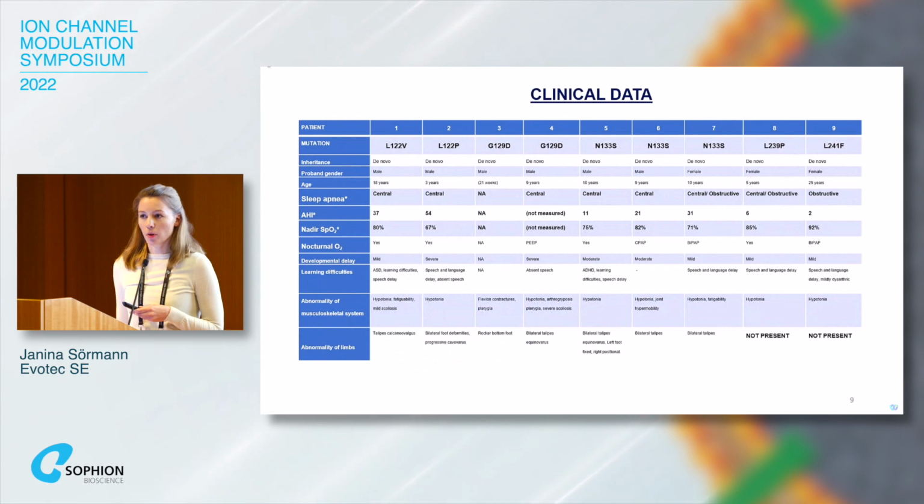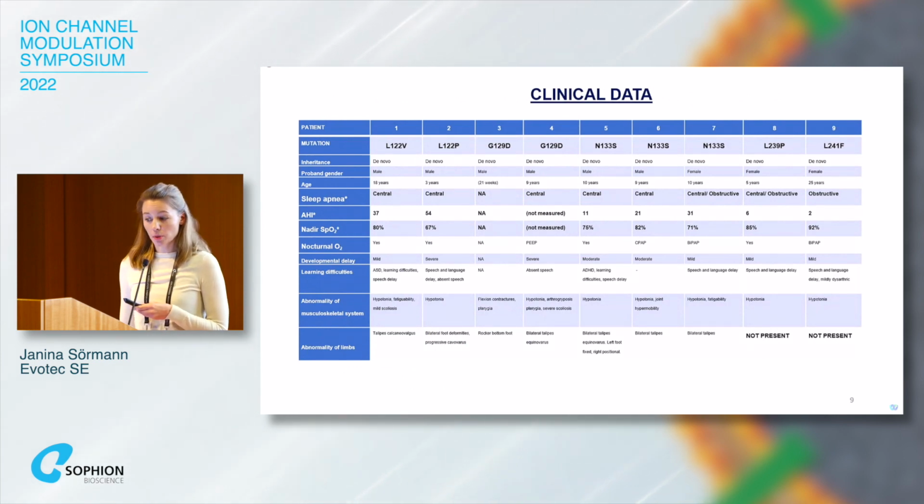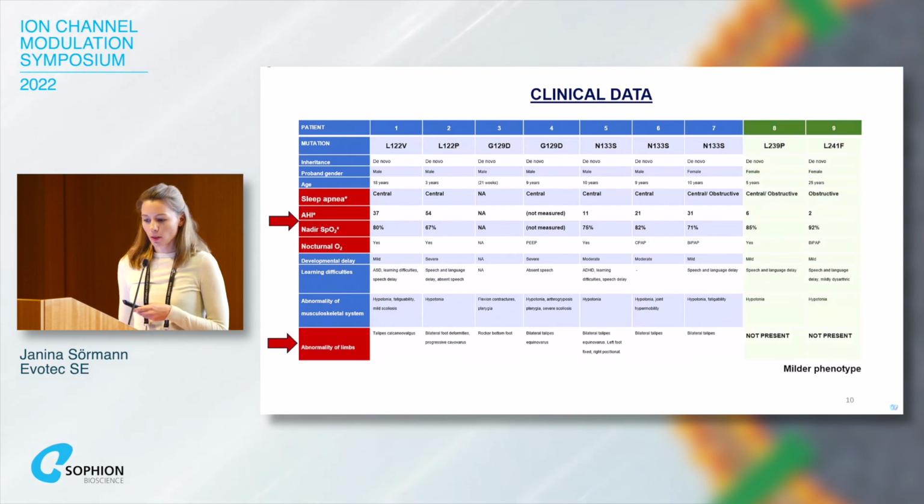This is the overview of the data, where you see the phenotype of the patients. I want to highlight two aspects. First, all of our patients had sleep apnea, they had an increased apnea-hypopnea index, and they needed nocturnal oxygen.